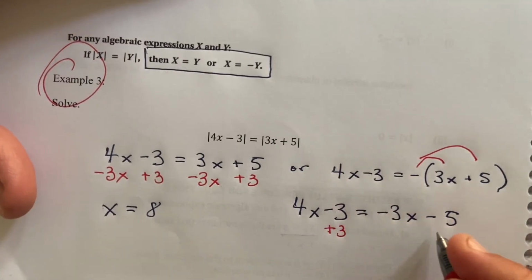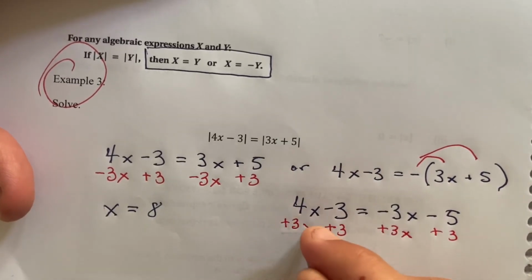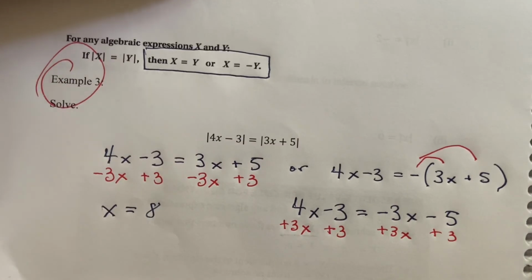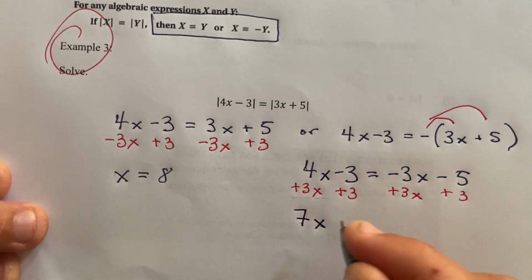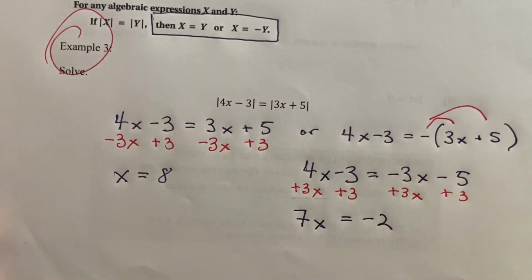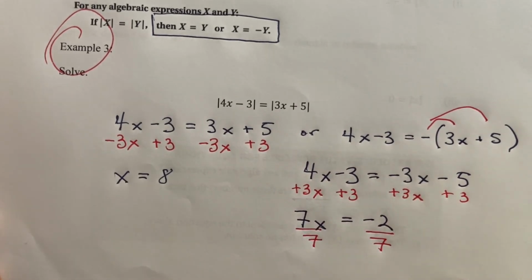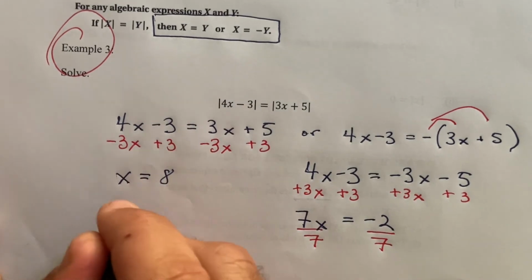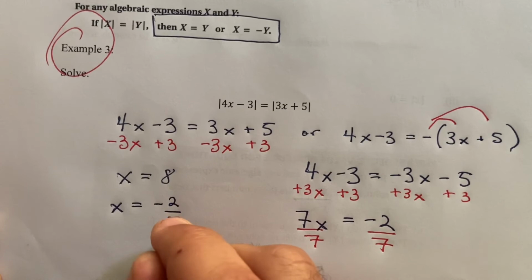Maybe I'll add 3 over, and then I'll add 3x over. So we have 7x equals negative 2, and then divide by 7. This would be our other solution here: x equals negative 2/7.